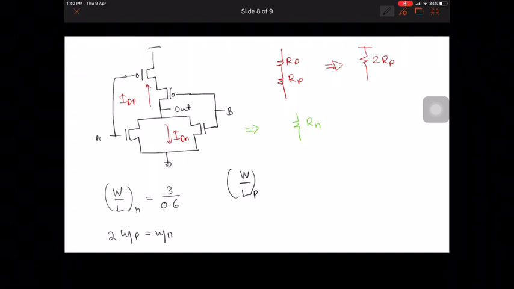But now you can see that the resistance of the PMOS is double the resistance of the NMOS, so we have to multiply again.